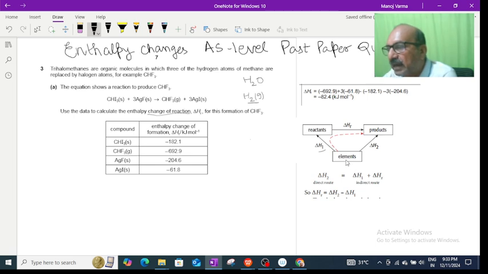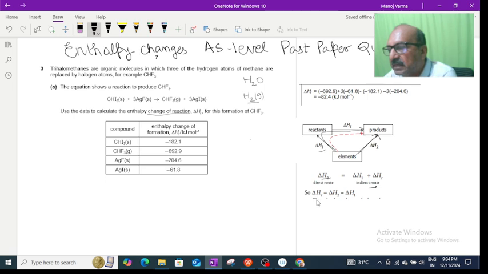So by Hess's law, see the two arrows. If you start from delta H1 and then go to delta HR like this, it is the same as going from here to here, which means that delta H2 is equal to delta H1 plus delta HR. So we have to find out delta HR.